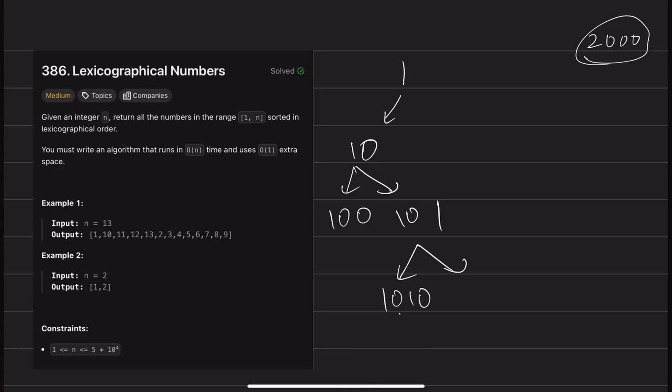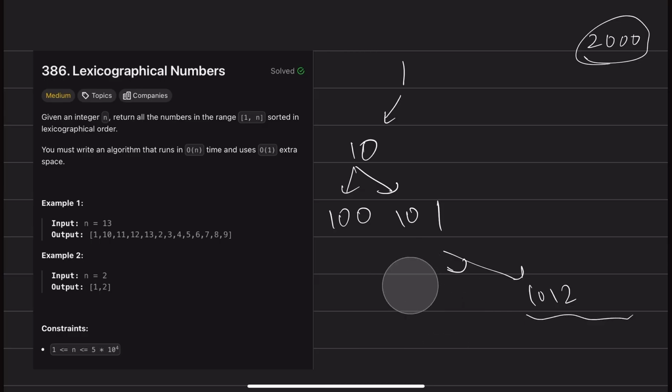So after 1010, the next number will be 1011. After this also there can be a call, but I'm not making it because if we append a zero after it, it will be outside our range. The next number will be 1012. So this is how it will be generated.